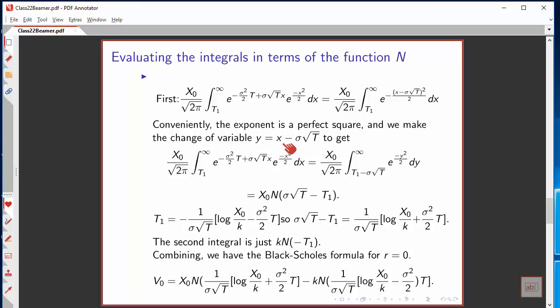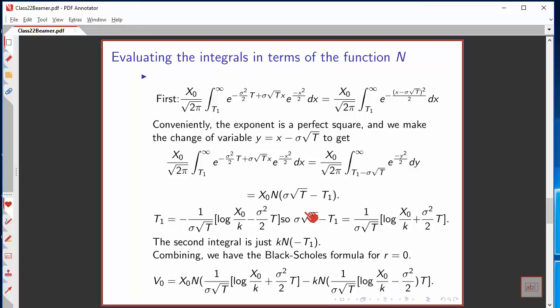So I just make the change of variable y is equal to x minus sigma times the square root of t, and now I have something that is the integral that defines the function capital N, with the argument being sigma times the square root of t minus t1.